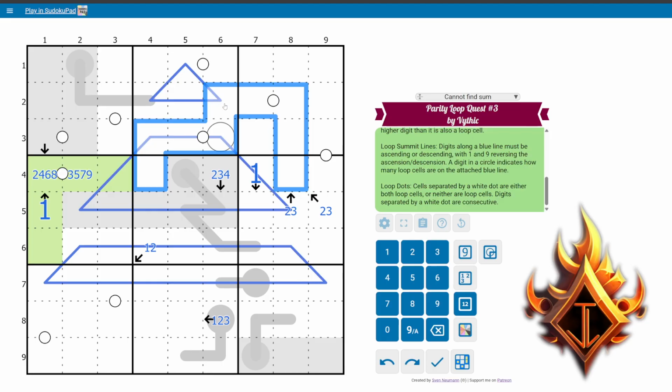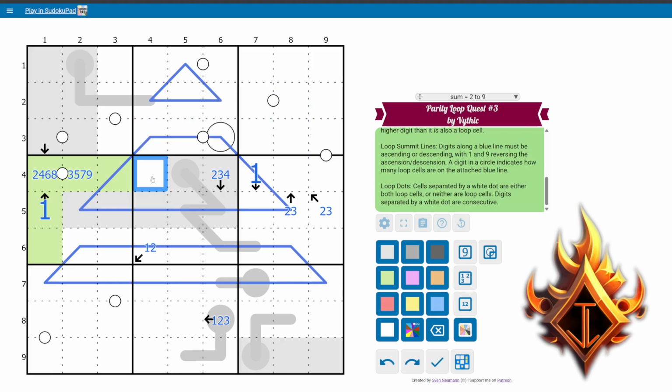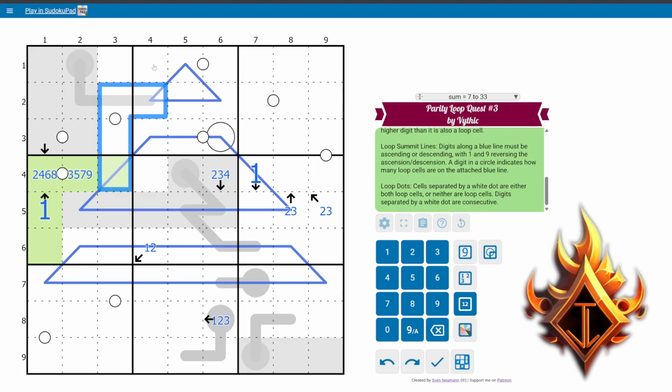That would be 3, that would be 2. That is possible. But we could also go up this way and turn there, and then it would have some choices from there. Okay.